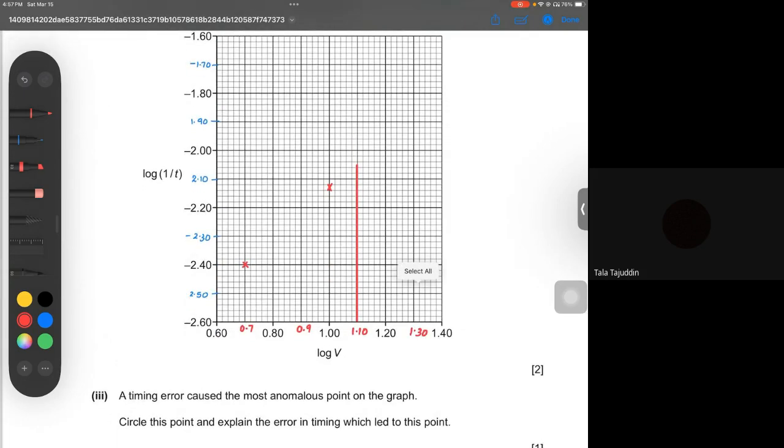So this is 2.2, then 2.1, then it would be 2. So this would be 2.05. What do you think? Should it be over there? No, it's at 1.10. Okay, just like that.